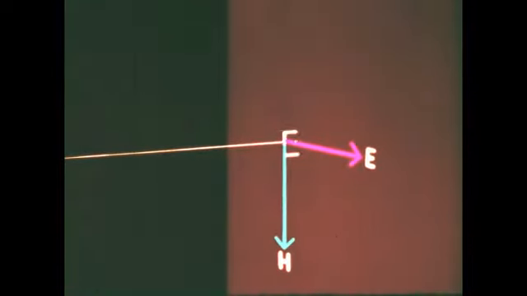By Poynting's rule, the direction vector is therefore reversed. The same process occurs for each successive pair of vectors. The direction of propagation thus reverses when the wave strikes a plane surface.